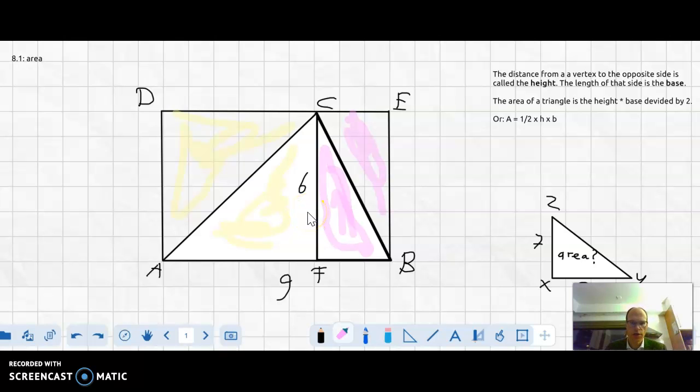So this is the height. I'm going to draw it in red. So this is the height. And the length of the side is called the base.